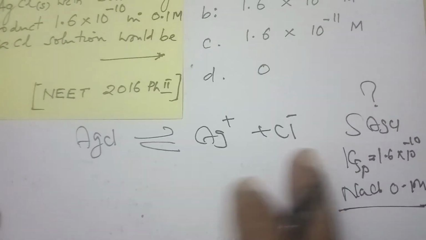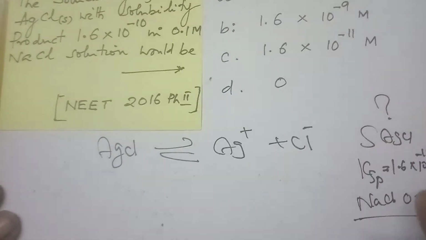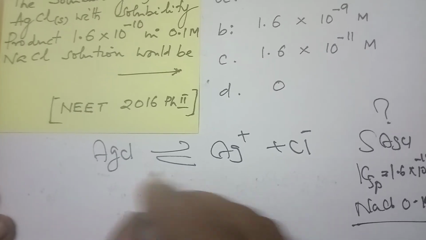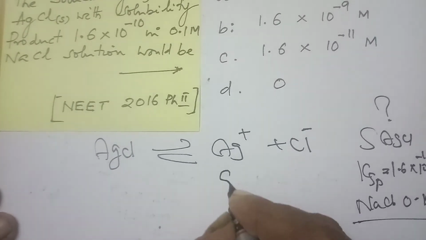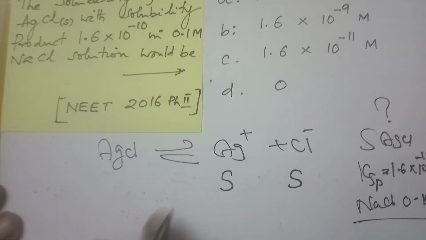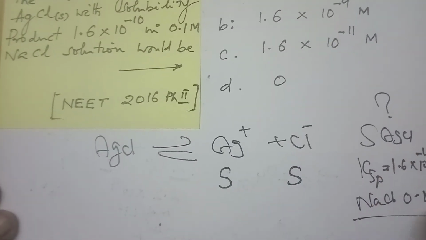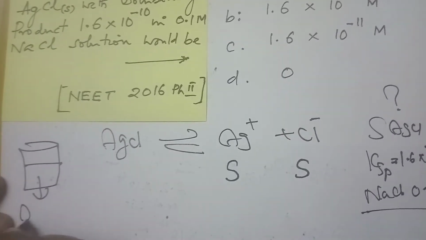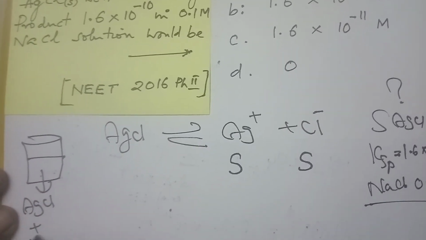Now let me write the solubility of silver chloride that is being asked. Let us consider the solubility of silver ion is S, and the solubility of chloride ion is S, for this equilibrium. It is in the sodium chloride solution. What is the meaning of it? Both things are available in the same beaker, silver chloride as well as sodium chloride.